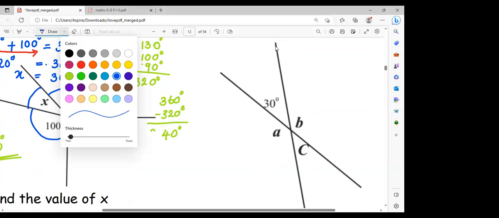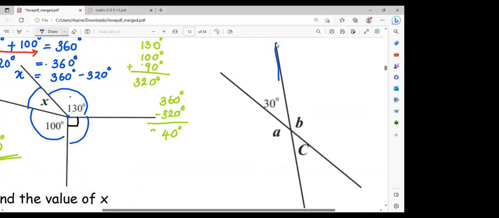You can see that two straight line segments pass each other here. So what are formed here? They are vertically opposite angles. So first of all I obtain the value of C. It is because they are vertically opposite angles.